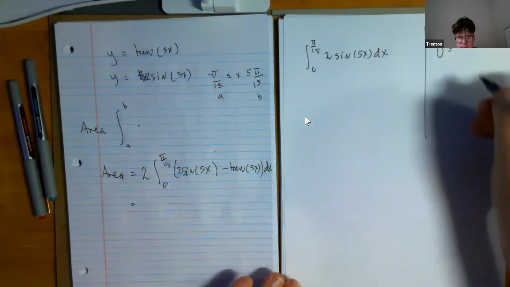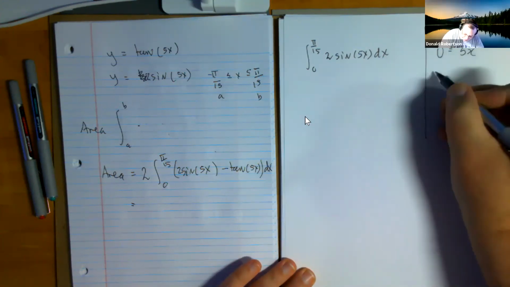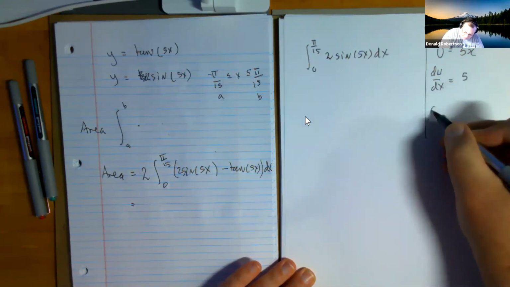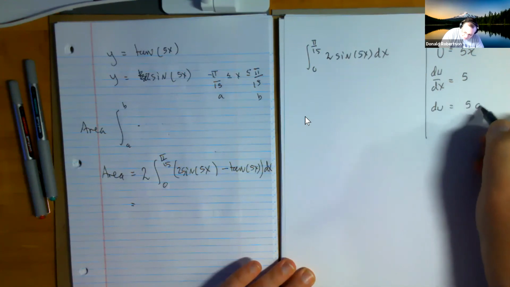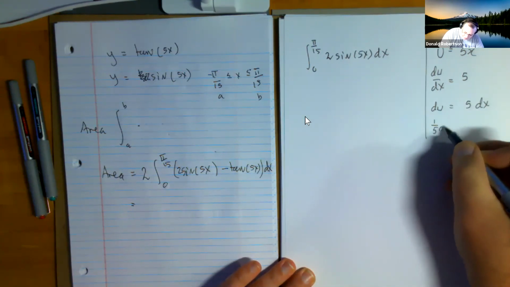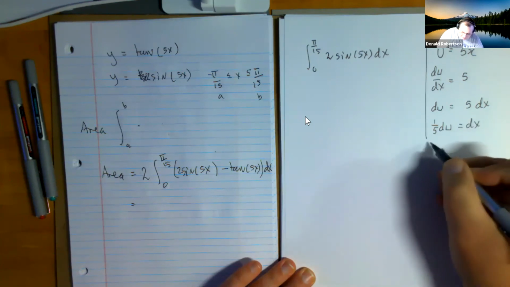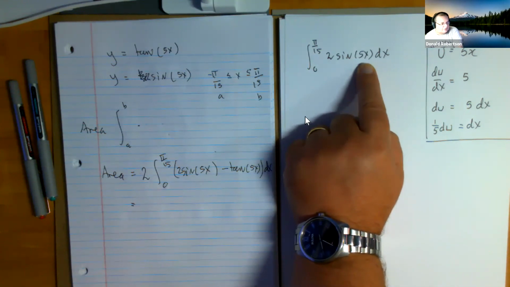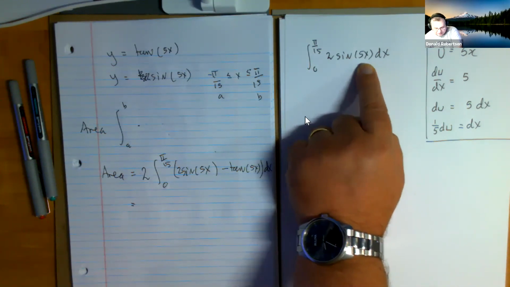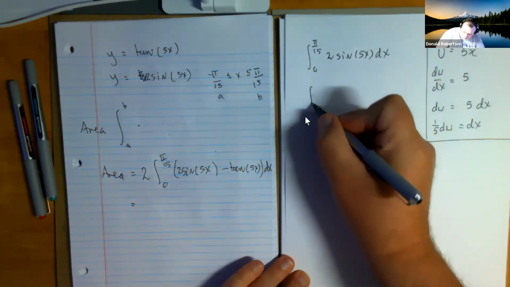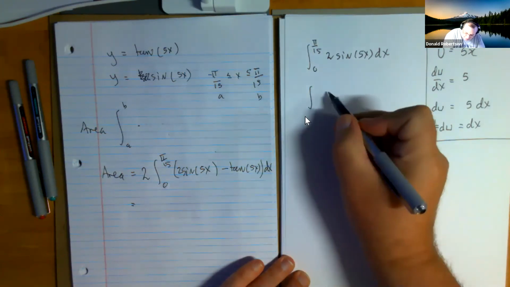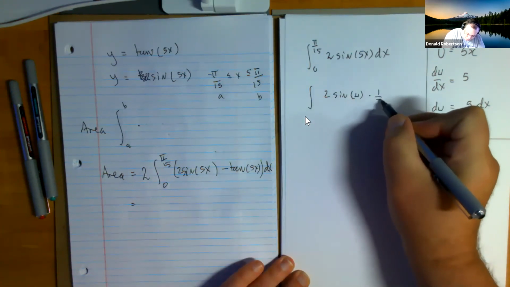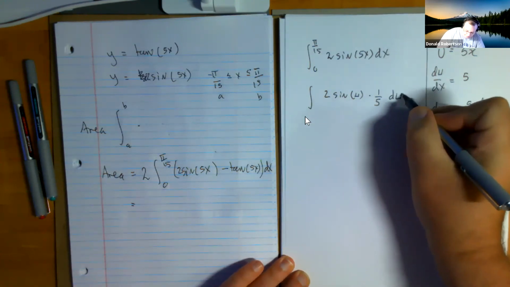5x. So du by dx is going to be 5. The du is 5 dx, and 1/5 du is dx. Now, if you didn't see that, isn't sine of ugly guy the reason I picked 5x, right? Sine of 5x, sine the ugly guy, make u the 5x. So this integral will now become 2 times the sine of u, 1/5 du.